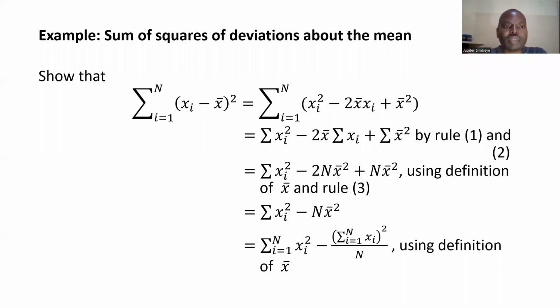Okay, so the next example is the one where we look at the sums of squares of deviations about the mean. We should show that the sum of (xi minus x bar) squared is equal to the sum of xi squared minus twice x bar times xi plus x bar squared.